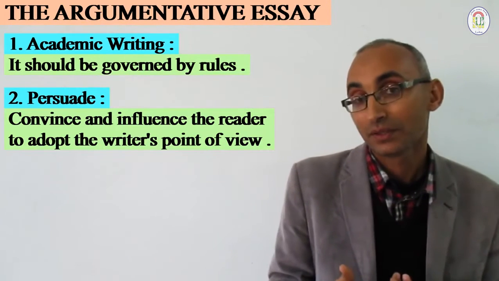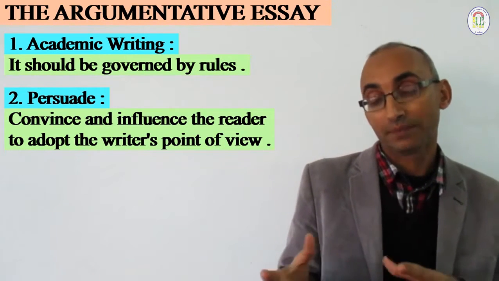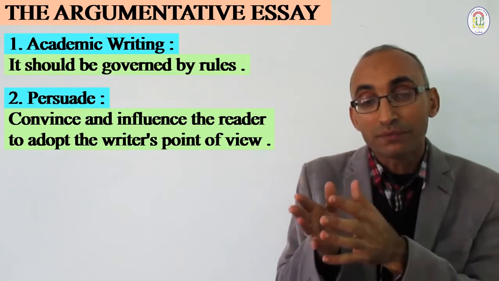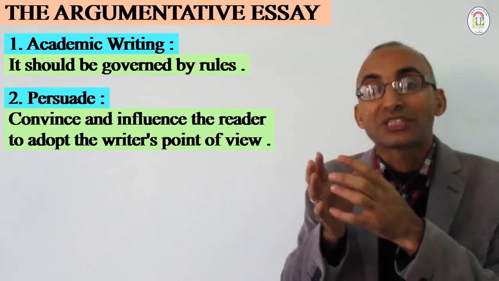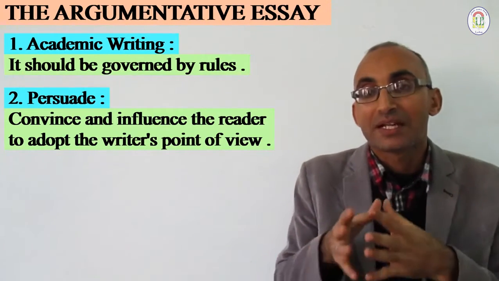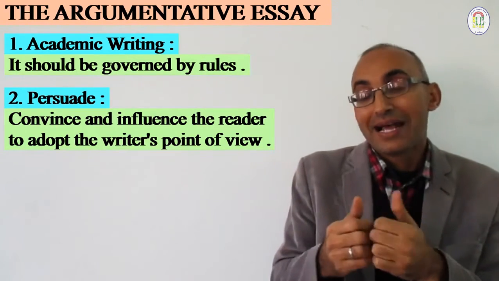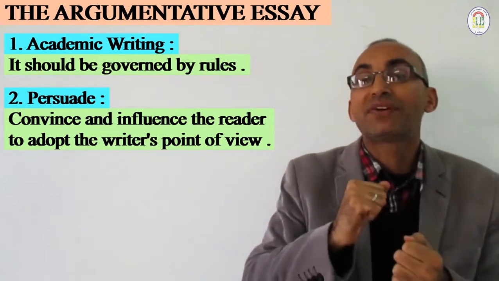It means here, as a writer, you will try to influence the reader, convince him of that position, that stand, that side you have chosen and you have decided to defend.